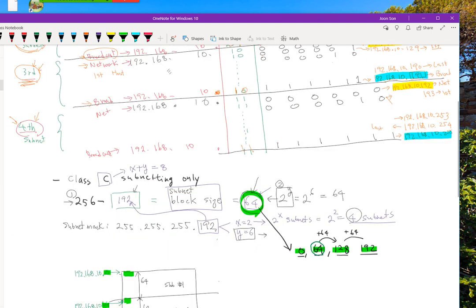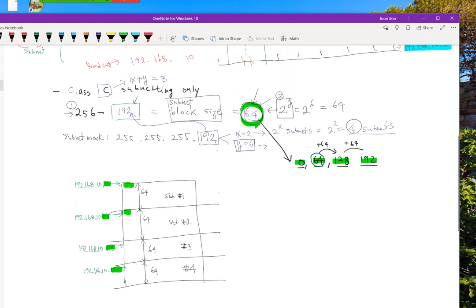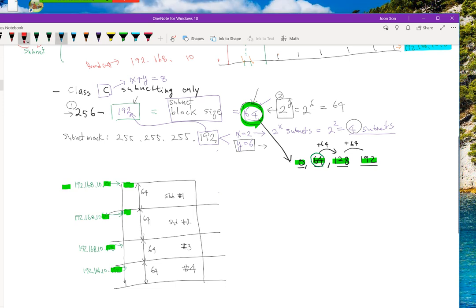But this is for test taking. You can easily find the network address for each subnet, and once you find that, you can easily find the broadcast address.